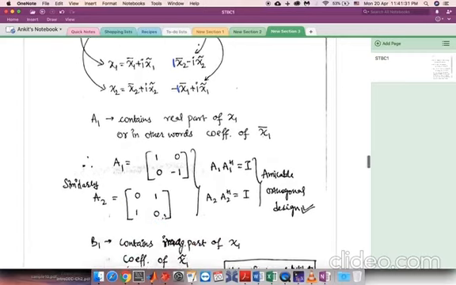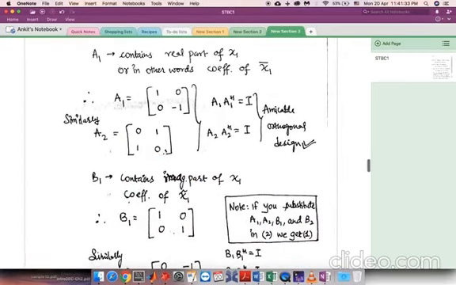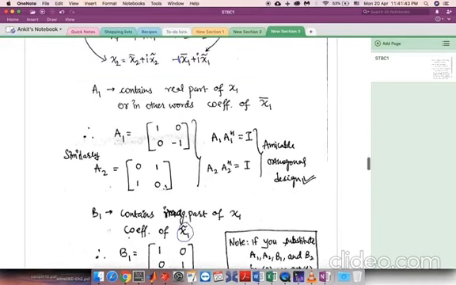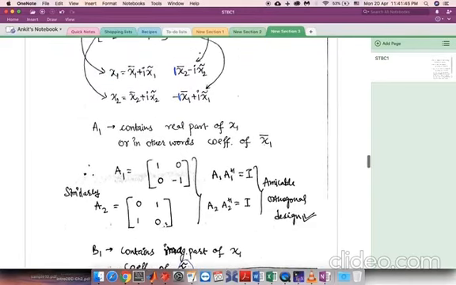In a similar manner, we can easily calculate b1, which is the imaginary part of x1 or the coefficient of x1 tilde, right? So in the first part, x1 tilde is there, yes.